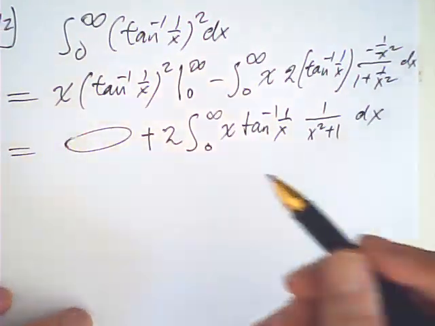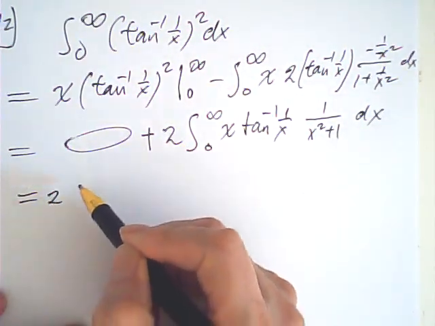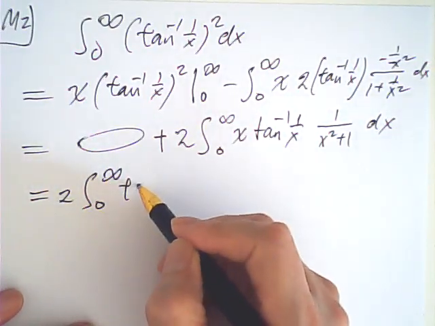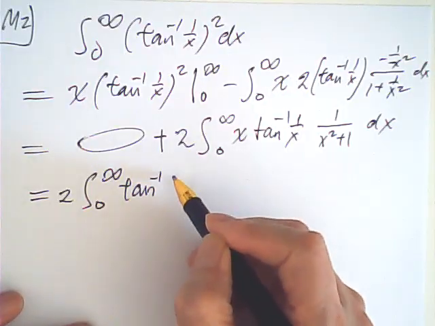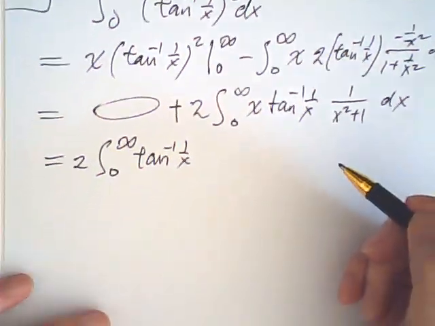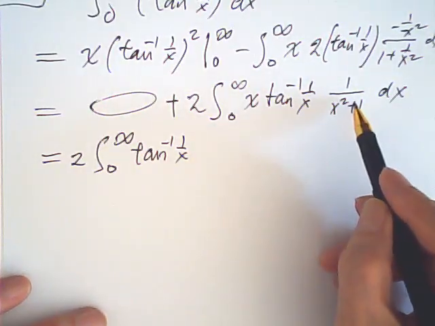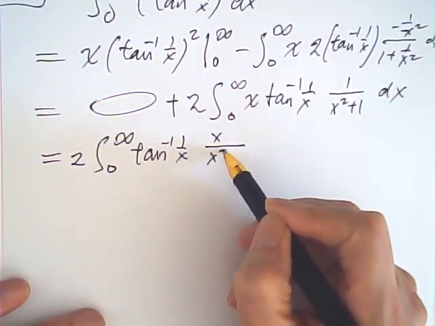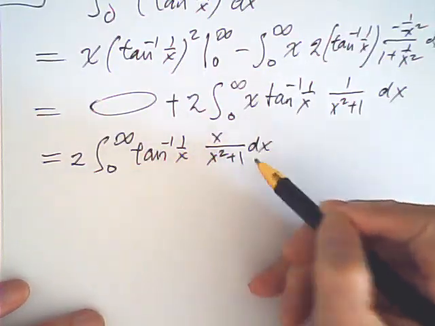So this is equal to 2 times the integral of arctangent 1 over x times x over x squared plus 1 dx.